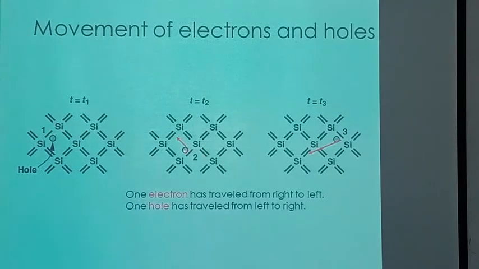So in picture 2 the hole is transferred to this vacancy, which is filled and forms a covalent bond. Then again in covalent bond number 2, the hole is filled by an electron from covalent bond 3. In this way, one electron has travelled from right to left and one hole has travelled from left to right. In this way, the movement of electrons and holes happens.